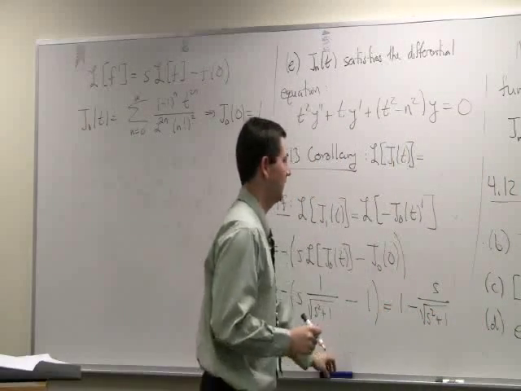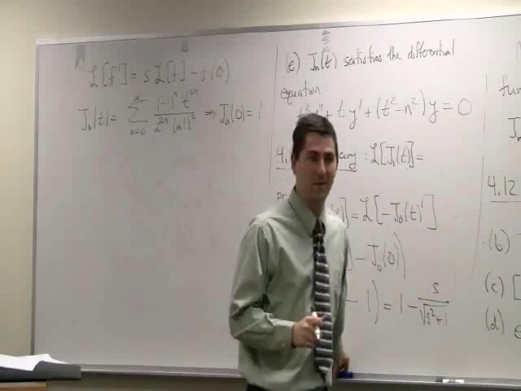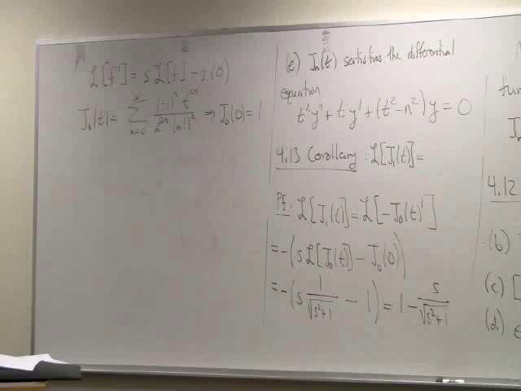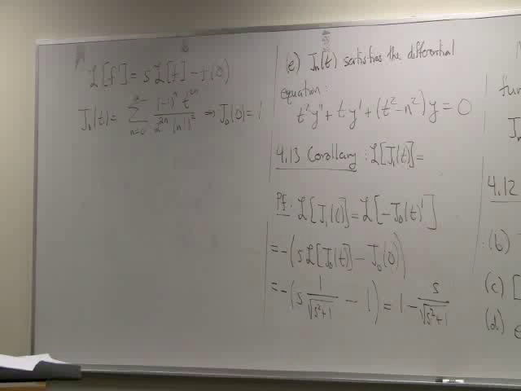So, shall we try it? I didn't write this down, but it occurred to me that we could try it. Let's see. So J2 of t, well, I want the Laplace transform. So this is going to be, but you see here we're going to have a problem, aren't we?